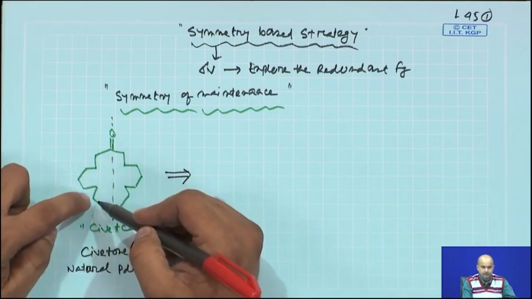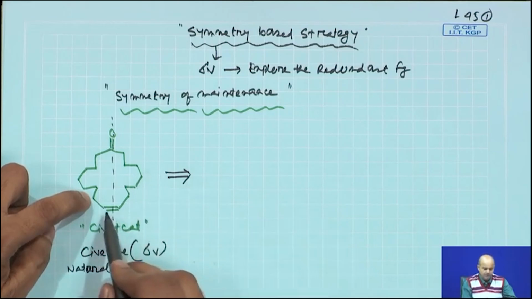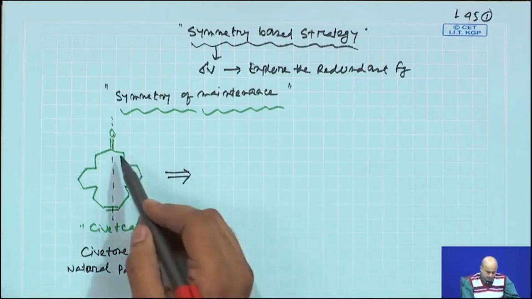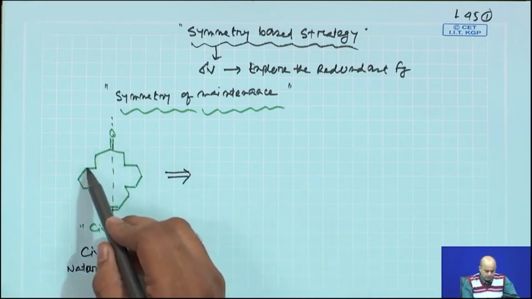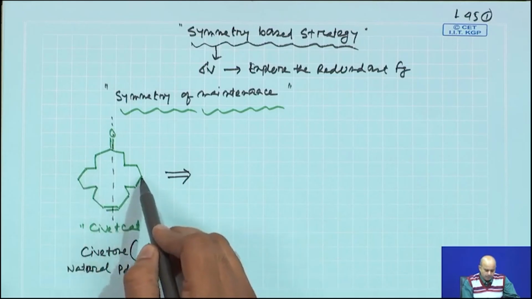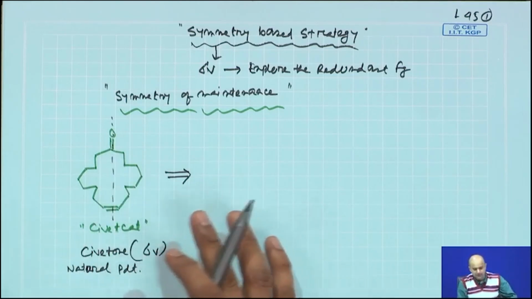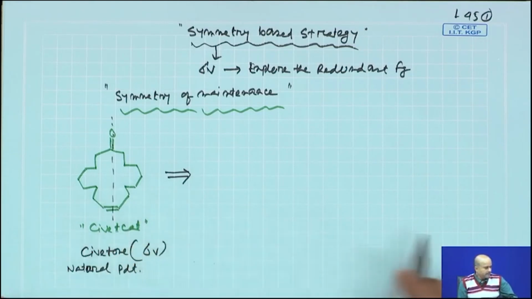So, 7 methylenes on the left hand side, 7 methylenes on the right hand side, and in between you have a Z olefinic unit. So, all together the ring size is 1, 2, 3, 4, 5, 6, 7, 8, 9, 10, 11, 12, 13, 14, 15, 16, 17, 18. This is basically a large ring, an 18 membered ketone.